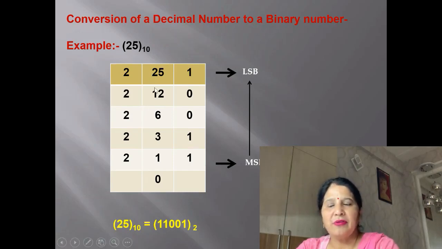Quotient we will write in the middle column, and remainder we will write in the right column. Now again we will divide this number 12 by 2. Then 2 6 is 12. Quotient we will write here. Remainder will be 0, because 2 6 is 12. So we will write the remainder here.